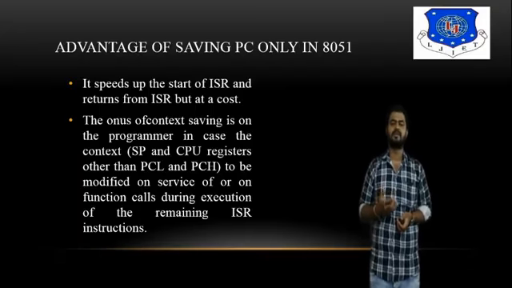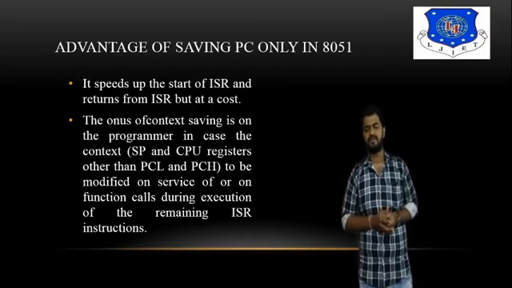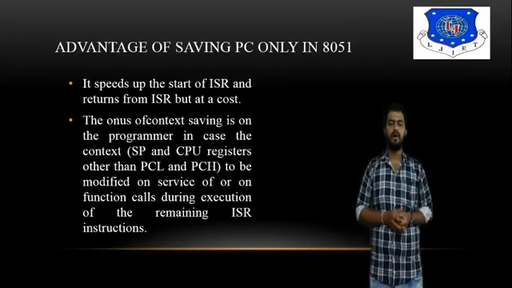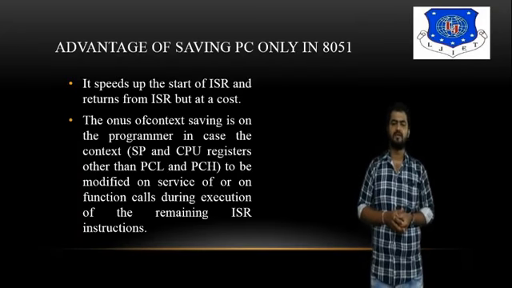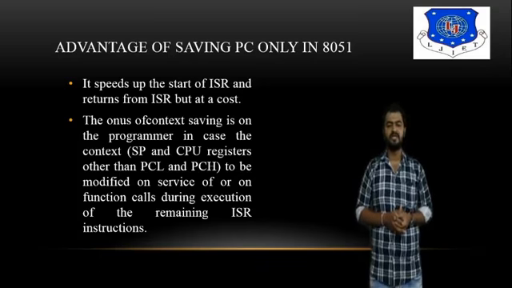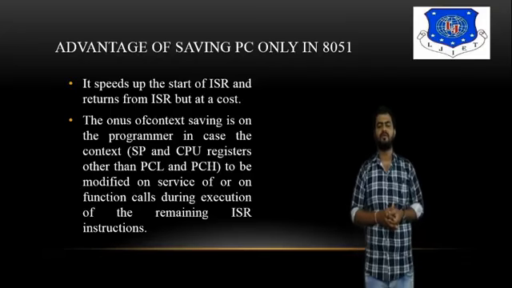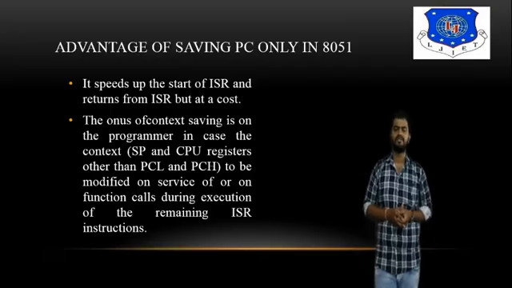Definitely, it takes a cost in terms of processing speed as well as processing clock. The onus of context saving is on the programmer. In case the context, meaning the SP and CPU registers other than PCL and PCH, is modified on the service of one function call during the execution of the remaining ISR instructions.